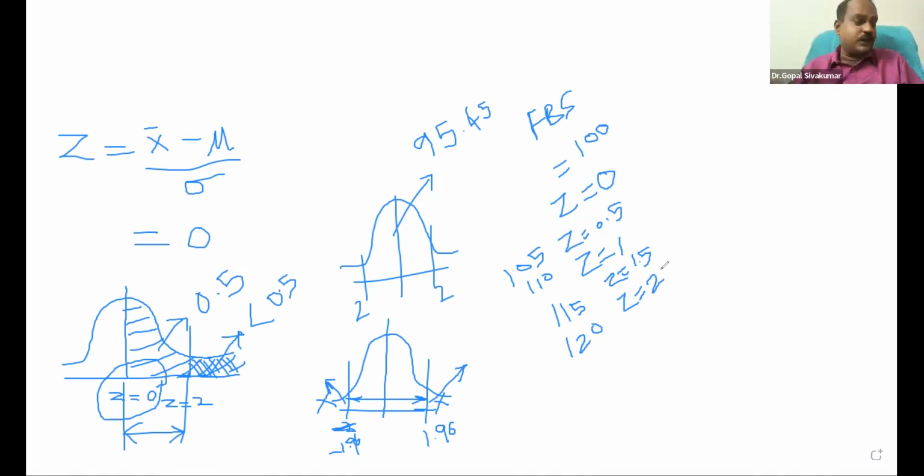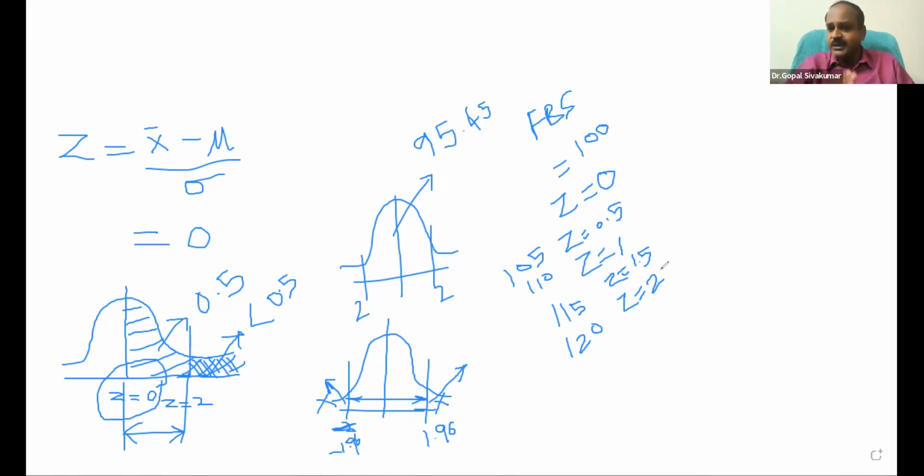When the doctor sees your sugar level is 120, he will say, hey, you have become diabetic. Am I right? He might even insist you take medicines, otherwise it will affect other organs. Why? You have come to the last 5% of the population who will have sugar level 120 and above. Do you understand?